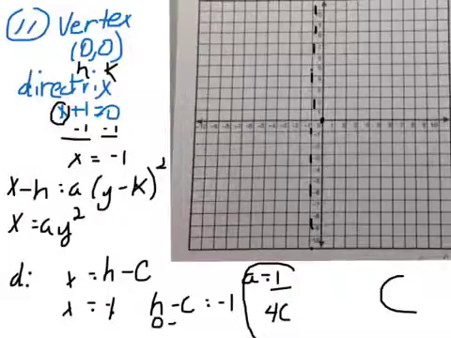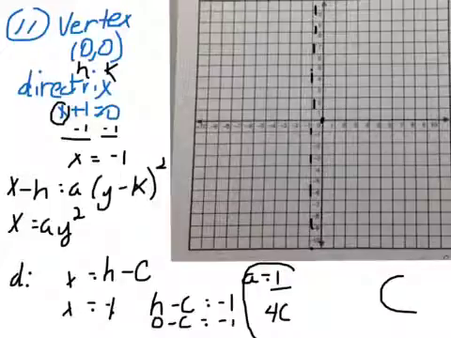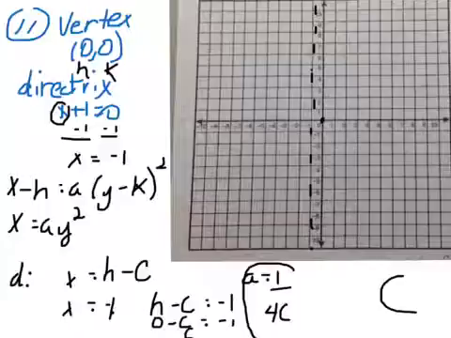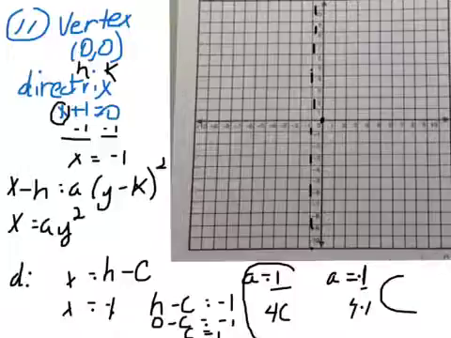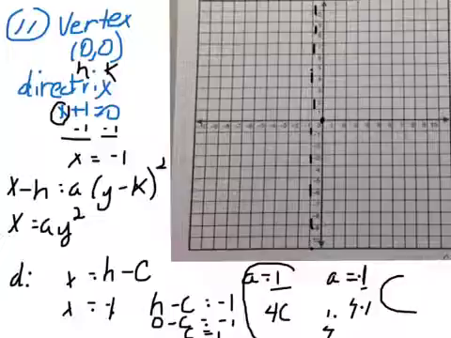So 0 minus c is negative 1. So minus c is negative 1, and if you multiply both sides by negative 1, we get c equal 1. So a is equal to 1 over 4 times c, and c is 1, so a is just going to be a fourth. So our equation here is going to be x equal 1/4 y squared.